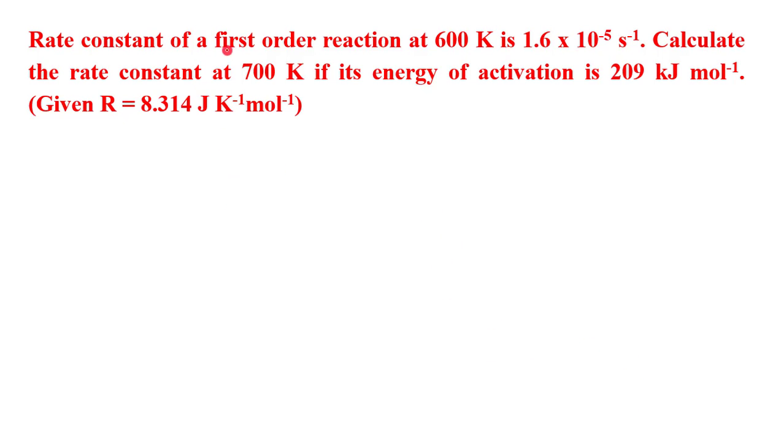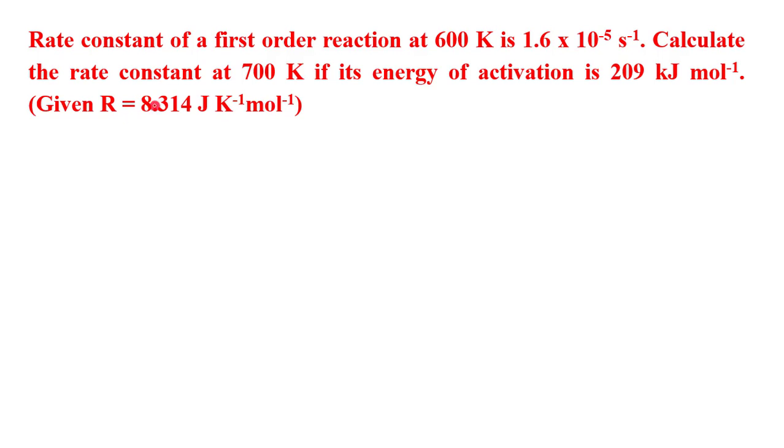The rate constant of a first order reaction at 600 Kelvin is 1.6 into 10 raised to minus 5 per second. Calculate the rate constant at 700 Kelvin if its energy of activation is 209 kilojoule per mole. Given R is equal to 8.314 joule per Kelvin per mole.